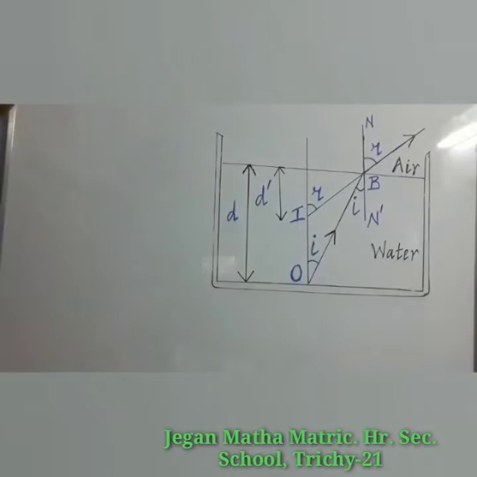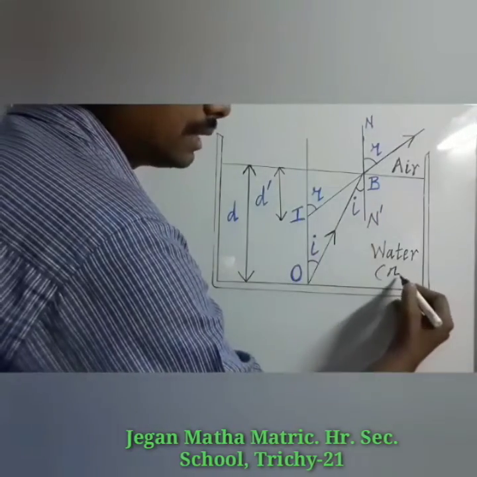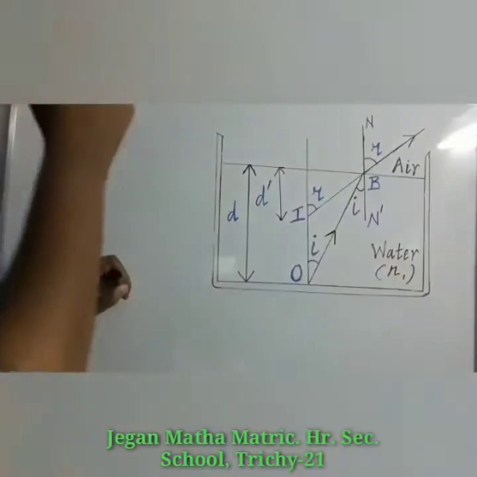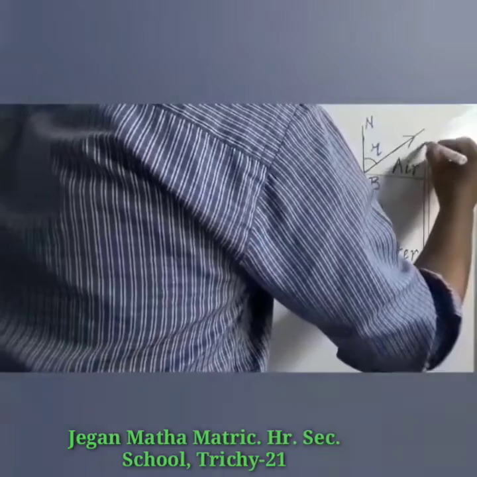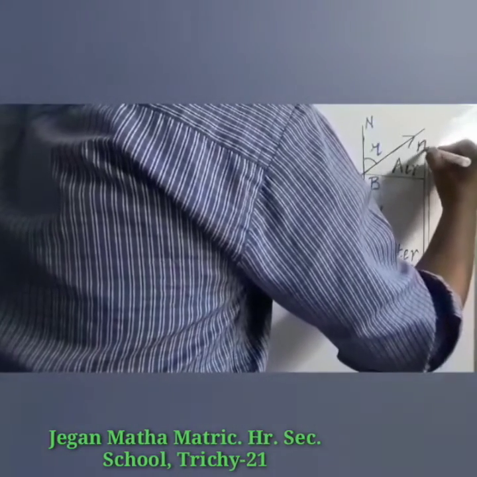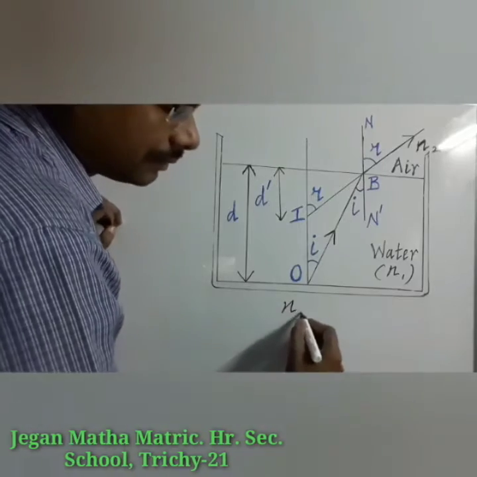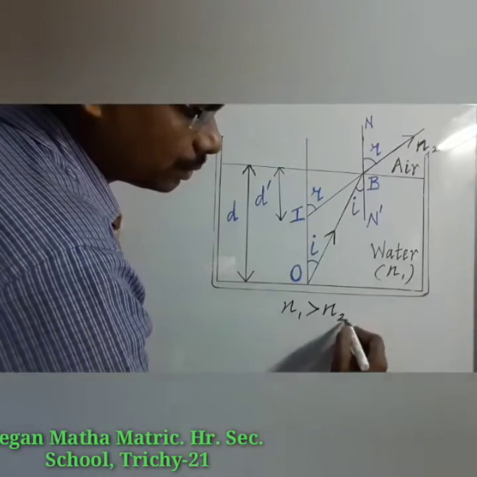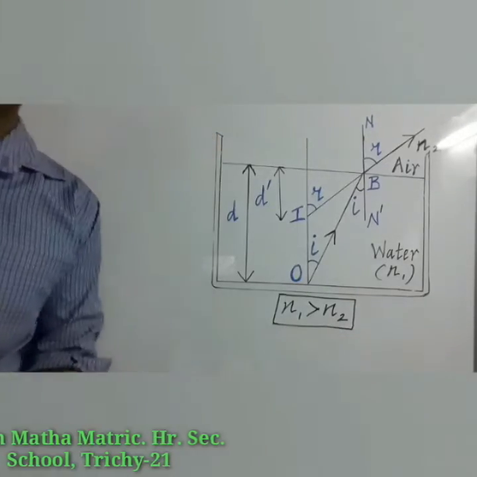The refractive index of the denser medium, that is water, is N1, and the refractive index of the rarer medium, here the air medium, can be considered as N2. So N1 is greater than N2. For this situation, that is the condition.